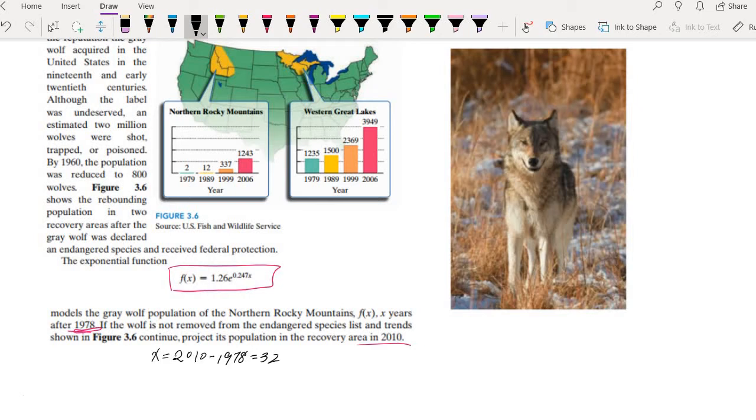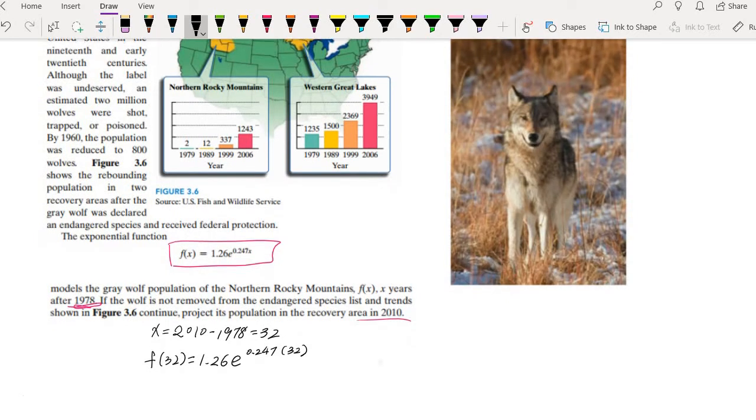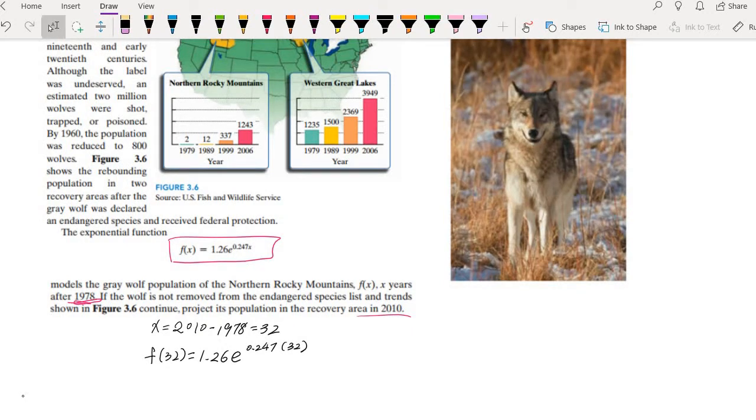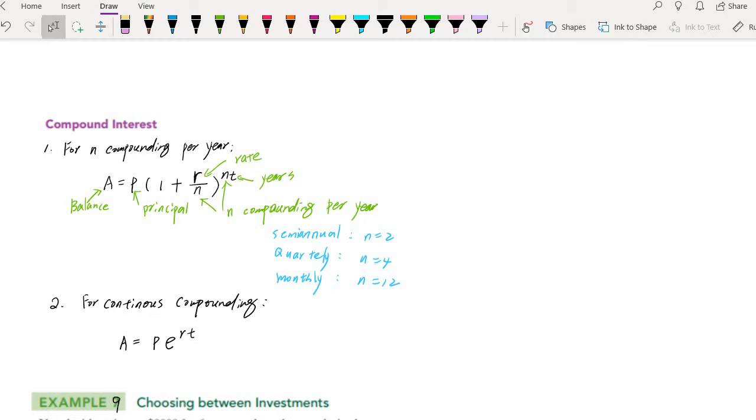All we have to do is plug this 32 years into your function: 1.26 e to the 0.247 multiplied by 32. Remember, e is around 2.7. It's not a variable. You can just plug this whole thing into your calculator, and you're going to get around 3,412.